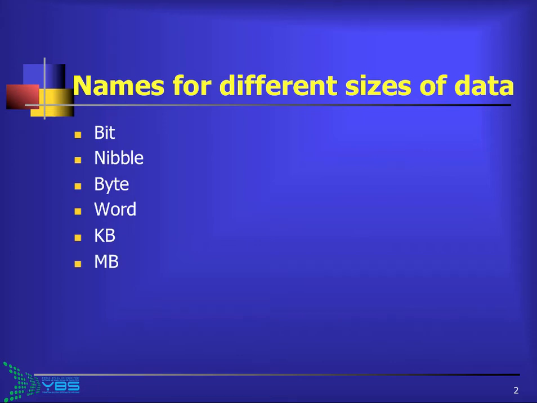A megabyte, or MB, is a unit of data that equals 1,048,576 bytes, or 2 power 20. This is equal to a kilobyte squared, 1024 power 2.